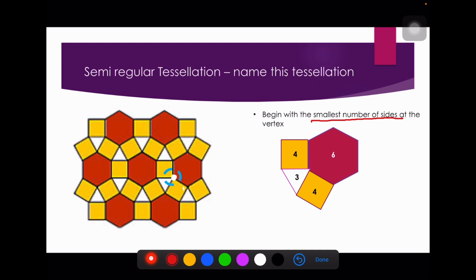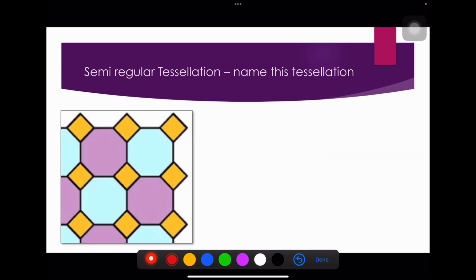The smallest number will be the triangle, which has 3 sides, because the vertex is over here. You can start clockwise or anti-clockwise from the smallest number. So the smallest number is 3, then you can start 3.4.6.4. So you can have this name, 3.4.6.4.